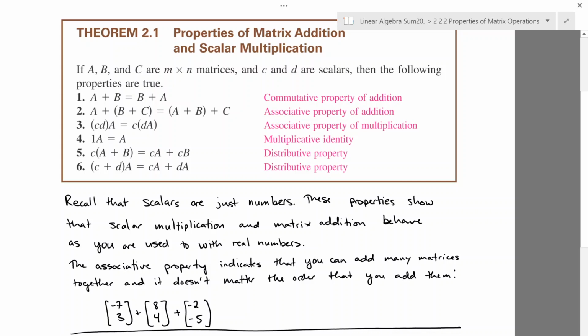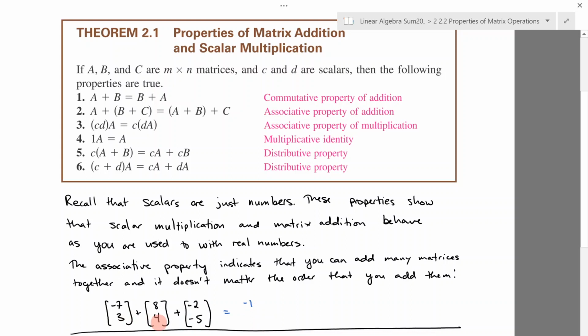So the associative property here essentially says that when you're adding more than two matrices together, you can just add them in any order. So here, when adding three matrices together, you can do the addition all at once, right? So negative 7 plus 8 is positive 1, and then minus 2 gives you a negative 1.